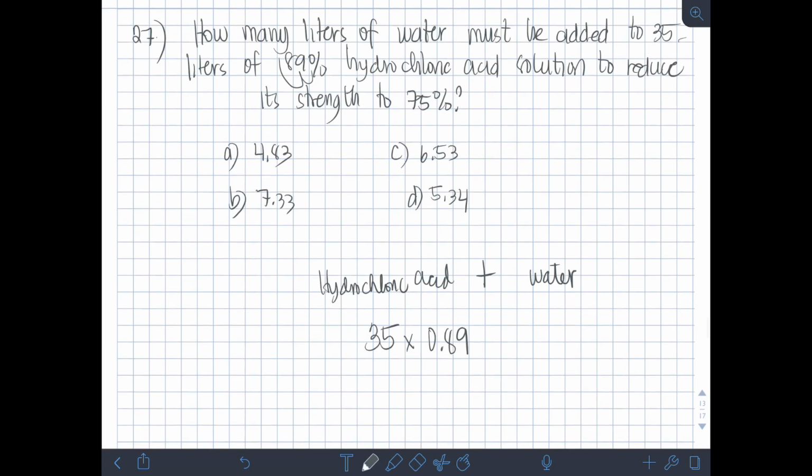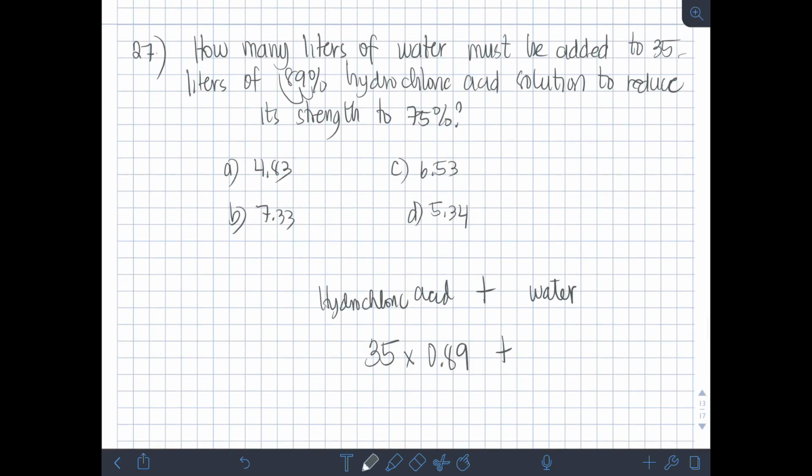Okay? Plus, yung liters of water na i-add natin, which is yung let x natin. Tapos, yung concentration ng water ay 0. Kasi water lang siya. And then, equate natin dun sa gustong mangyari, which is ma-reduce yung strength to 75%. So, ngayon, ilan na yung total volume nito? 35 plus x. Kasi nagdagdag tayo ng water, diba?